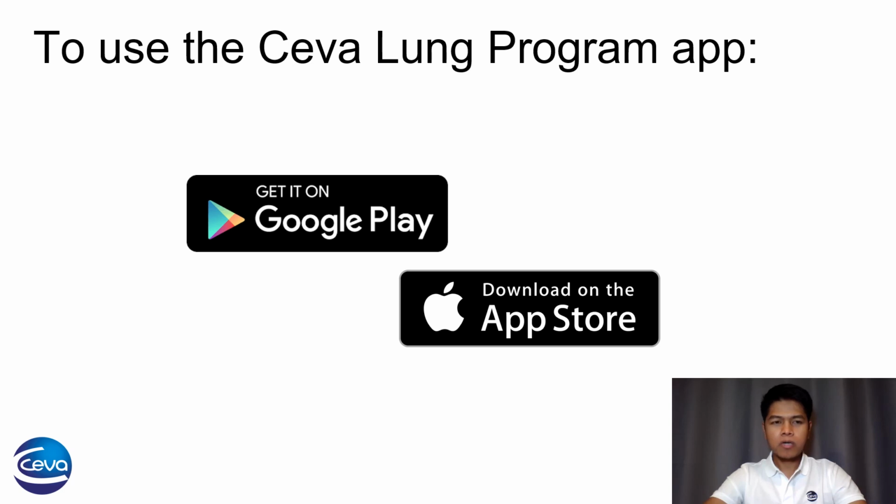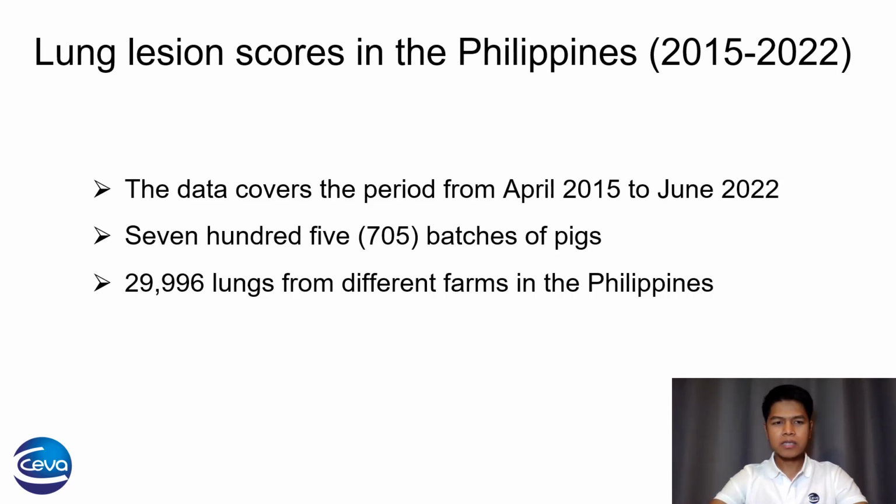The Ceva Lung program application is readily available in Google Play Store and Apple App Store. By doing lung lesion scoring, we gathered historical data from April 2015 to June 2022. This comprises 705 batches of pigs with 29,996 lungs from different farms in the Philippines.